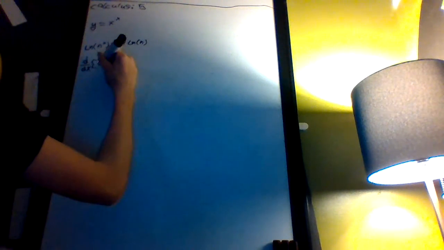Okay? Now, really quickly, I'm going to tell you that the derivative of the natural log of x is 1 over x. You're going to have to trust me on this. Okay? You're going to have to trust me on that. But it is true. So, take the natural log of both sides. Natural log of y equals natural log of x to the x, which is going to be x times natural log of x, right? Now let's take the derivative of both sides, right?